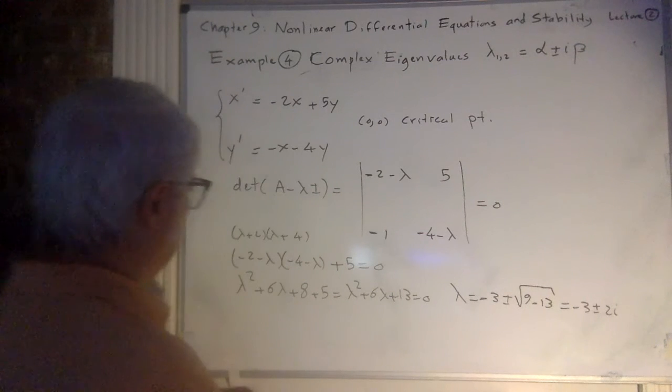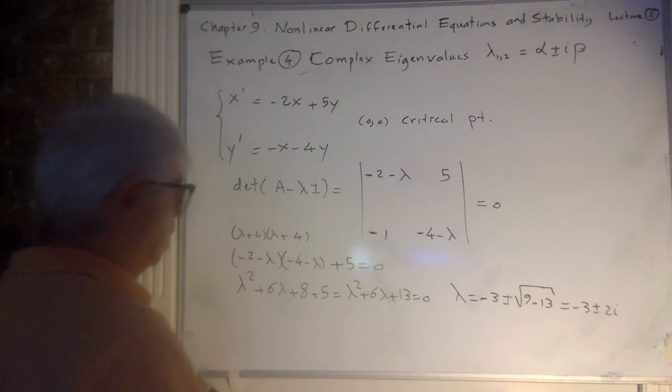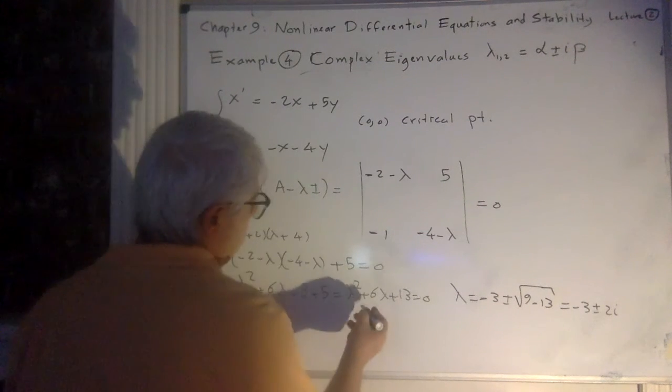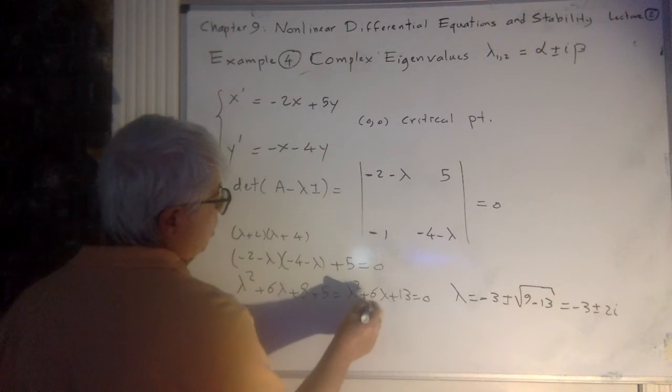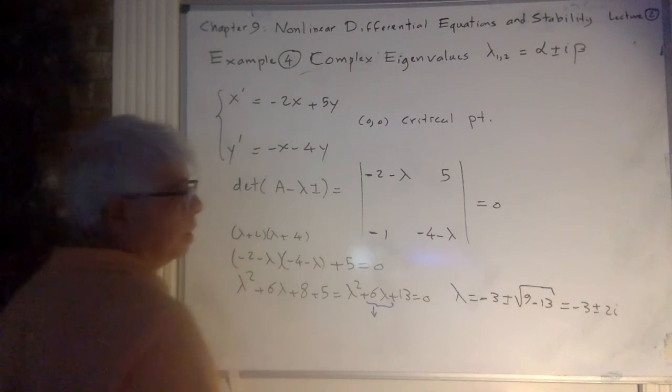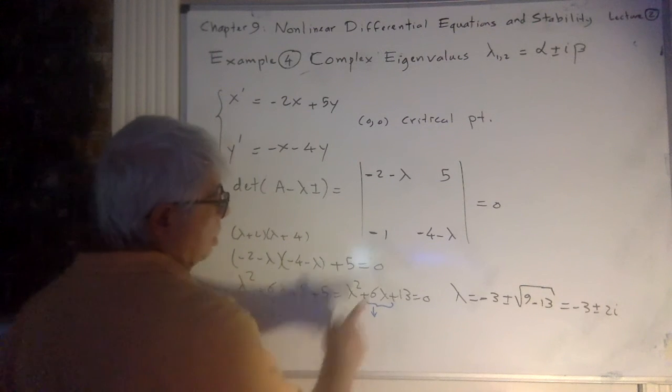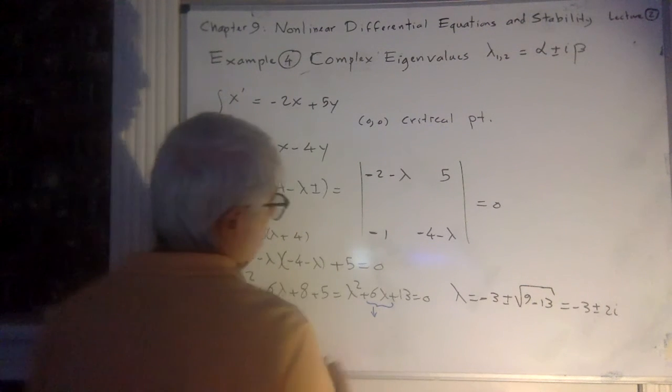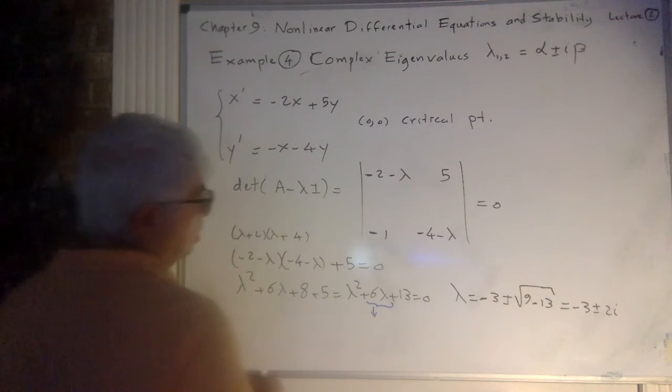Now, if you wonder where that came from, remember, if the coefficient b is an even number, you can write the quadratic equation in a simpler way.